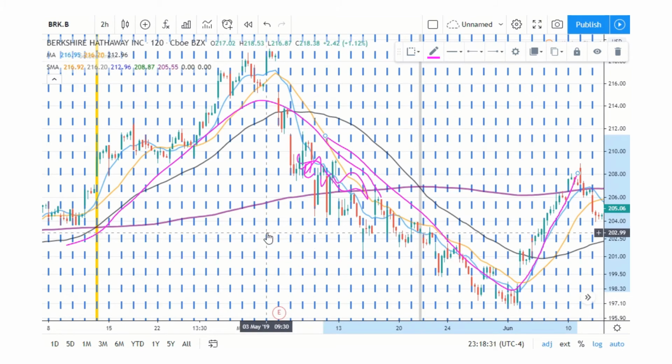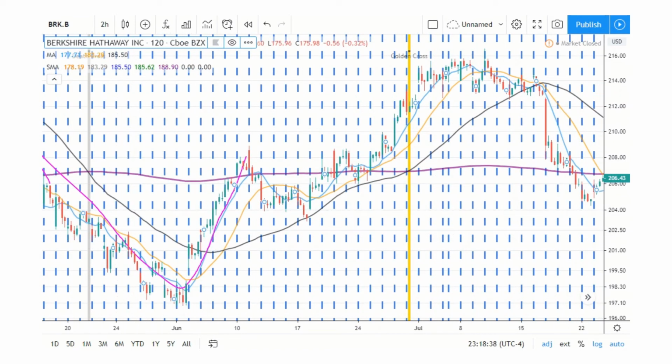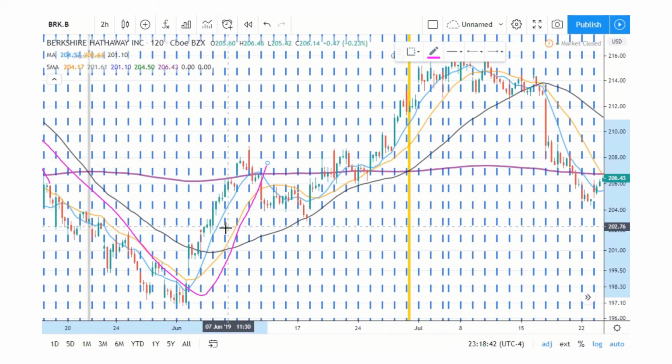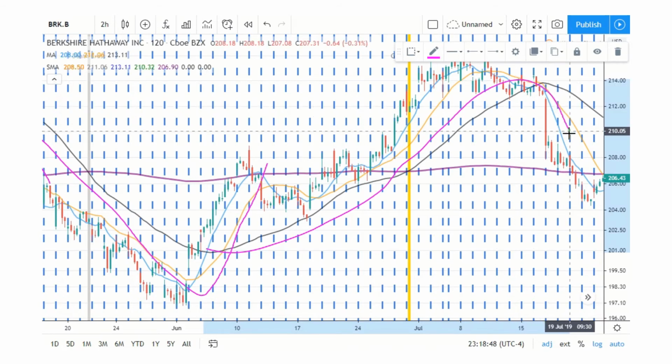Let's move a little bit more. There we go. Again, here we go, taking the stock with it up and then taking it back down.